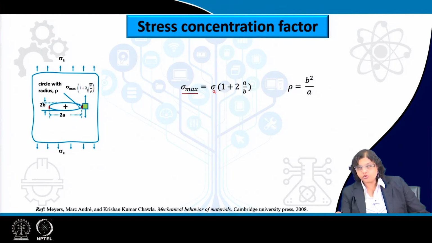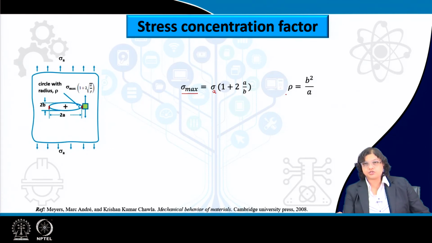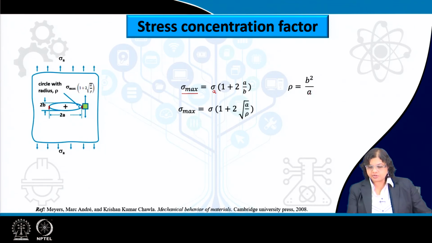And we also know that this B and A are related to the radius of curvature. So, radius of curvature rho equals B square by A. So, if we consider this, we can simplify this relation as sigma max equals sigma applied times 1 plus 2 root over A by rho. Okay.